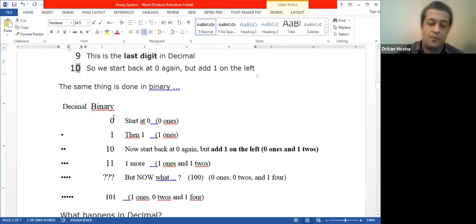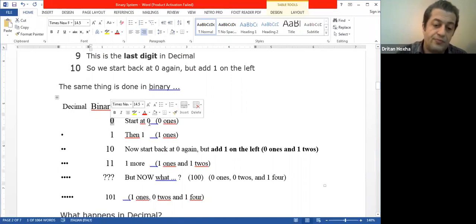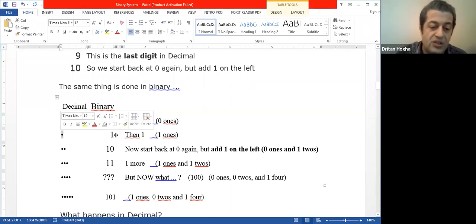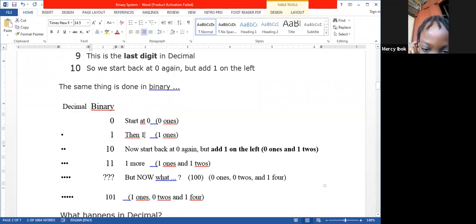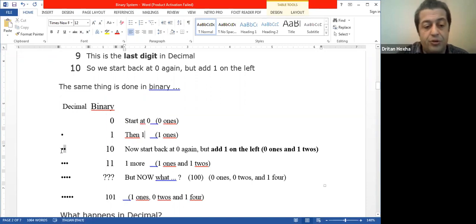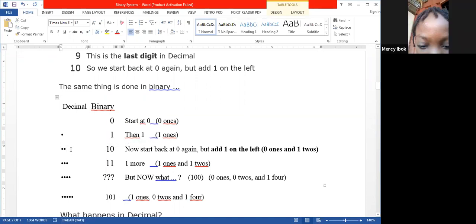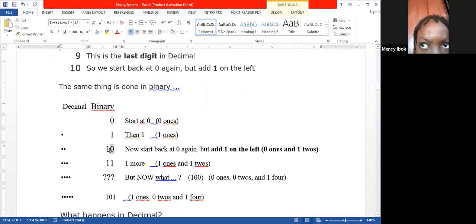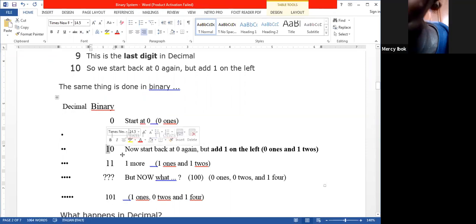So we start from 0. Again, in the binary system, 0 is still 0, and 1 in our decimal system is still 1 in the binary system. But if we want to write the number 2, we cannot write 2 anymore. We should write 0 on the right and 1 on the left.